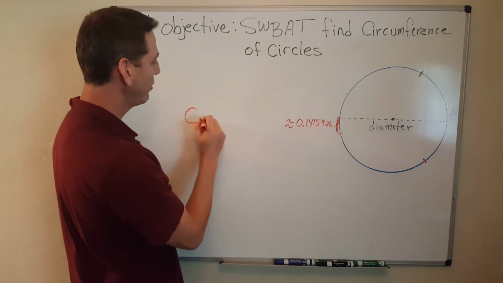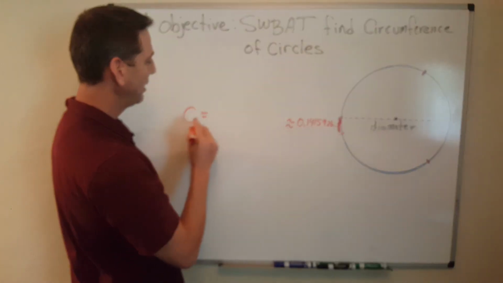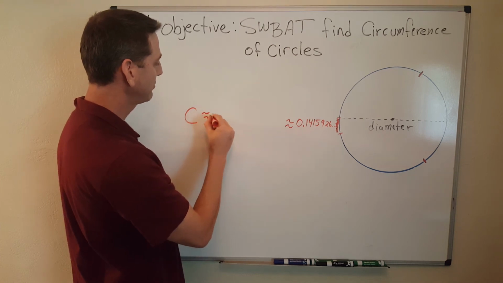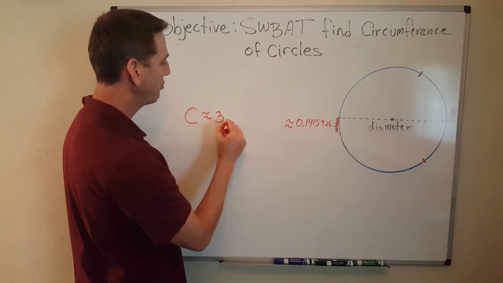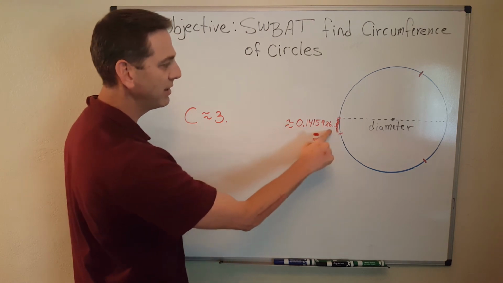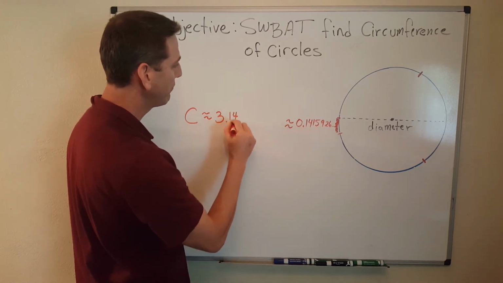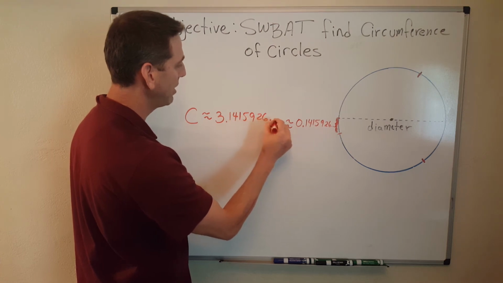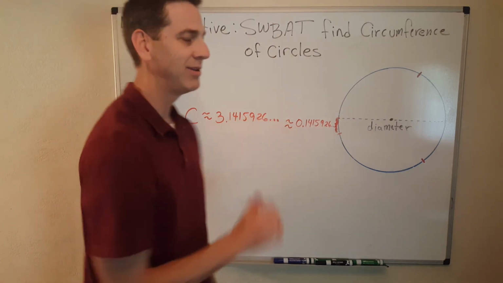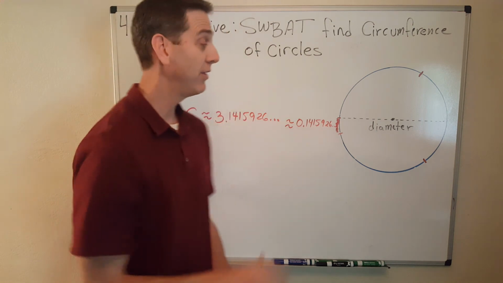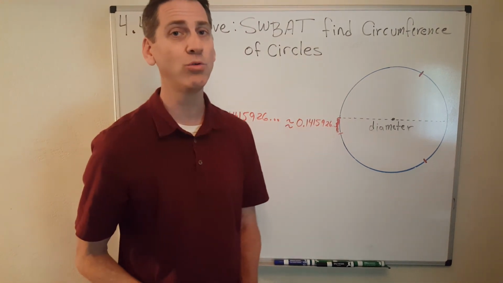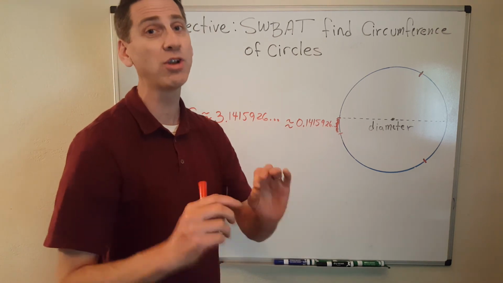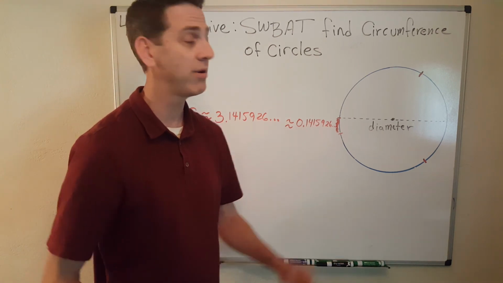The circumference of a circle is approximately 3 and this many diameters, 0.1415926 dot dot dot. That means it goes on forever, and there is no pattern. That's what we call an irrational number. The decimal never terminates, and it has no pattern.